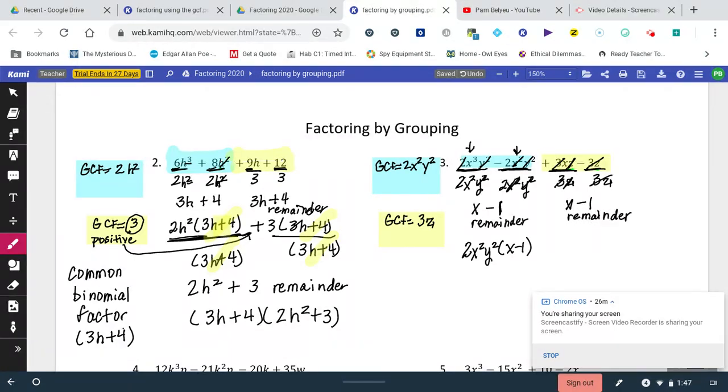So when I write my GCF, I know that 3Z is positive. So on this side, I'm going to put positive 3Z times the remainder, x minus 1. So now, I factor out my common binomial factor.